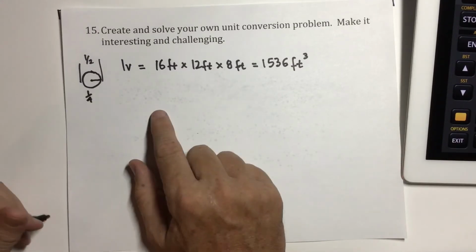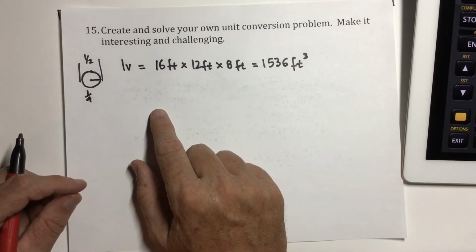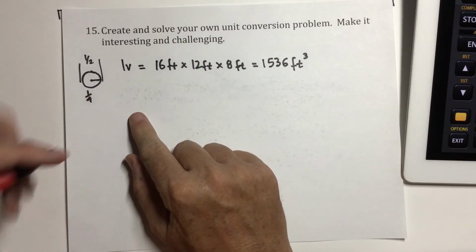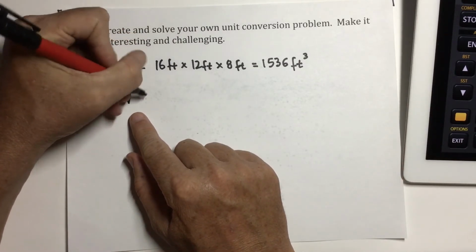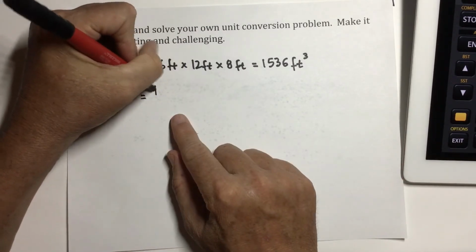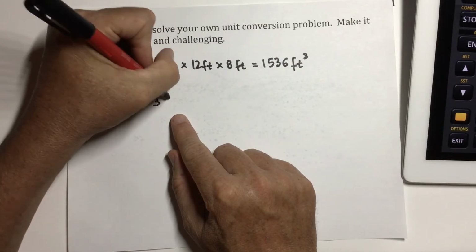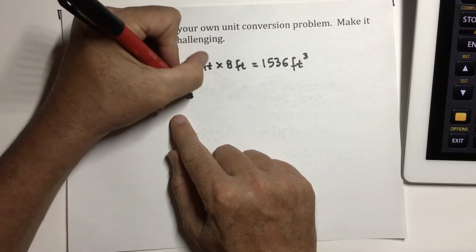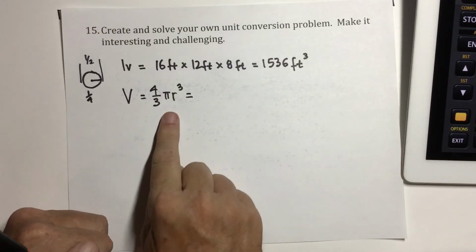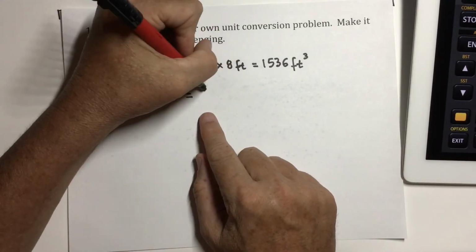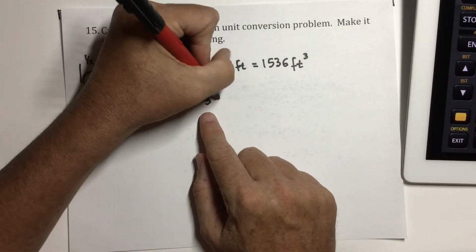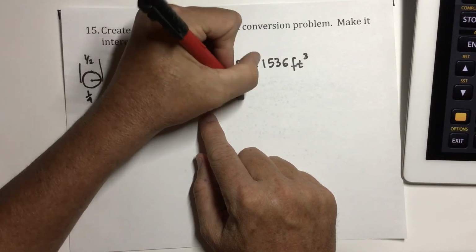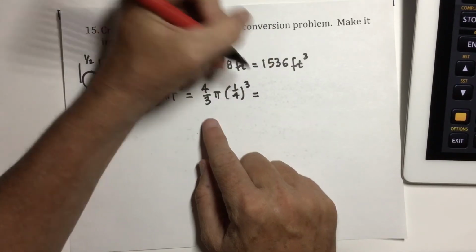And that is a sphere, so good thing I happen to know the formula for the volume of a sphere. Volume of a sphere is equal to 4/3 pi r cubed. And in this case, r is 1/4. So that equals 4/3 pi (1/4) cubed.